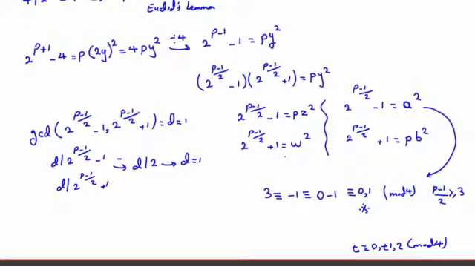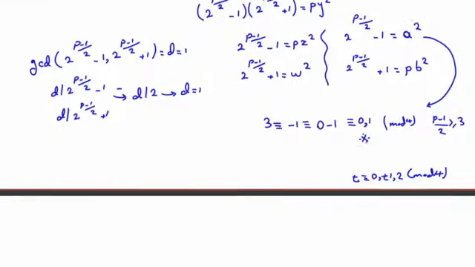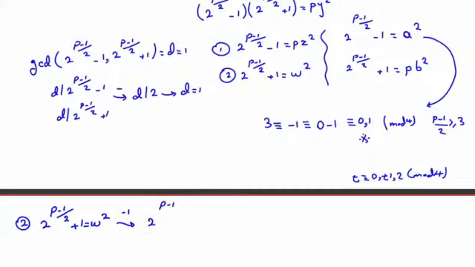Now let's consider this case. For this case, we say 2 to the p minus 1 over 2, this one. Let's consider it is the first one, it is the second one. By the second one, we say, okay, 2 to the p minus 1 over 2 plus 1 is w squared. If we subtract 1 from both sides, 2 to the p minus 1 over 2 is w squared minus 1.